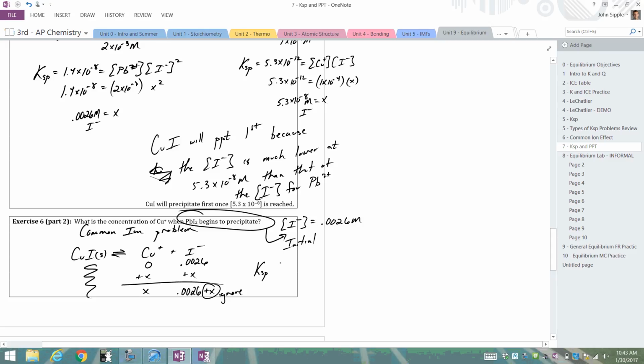So KSP is equal to 5.3 times 10 to the minus 12, which is equal to the concentration of copper times 0.0026.